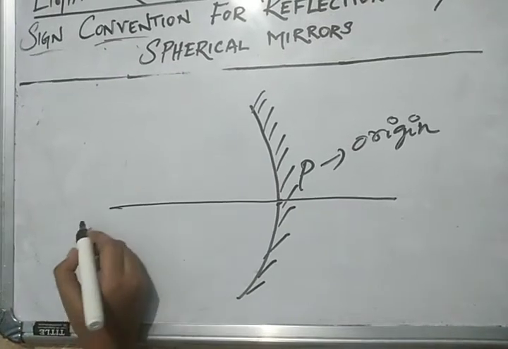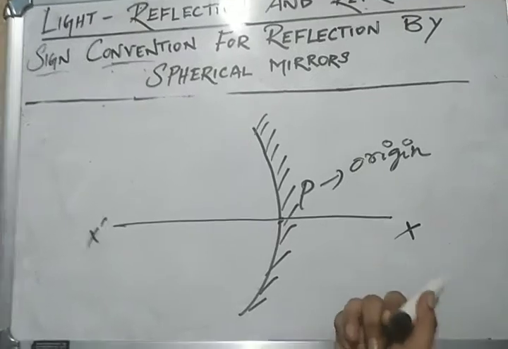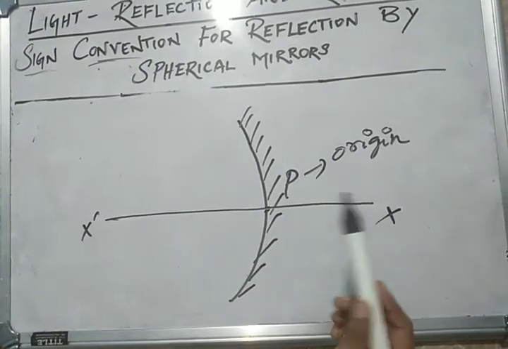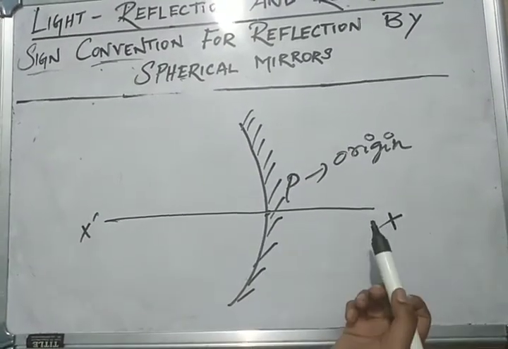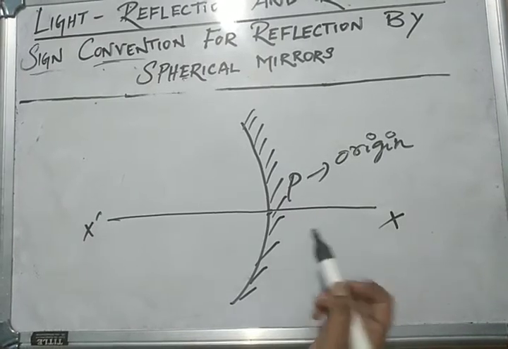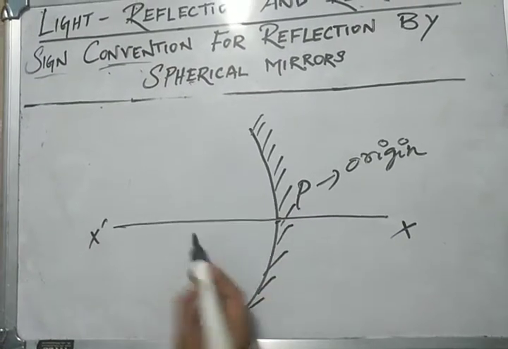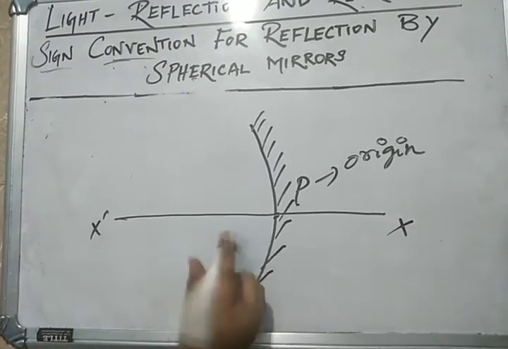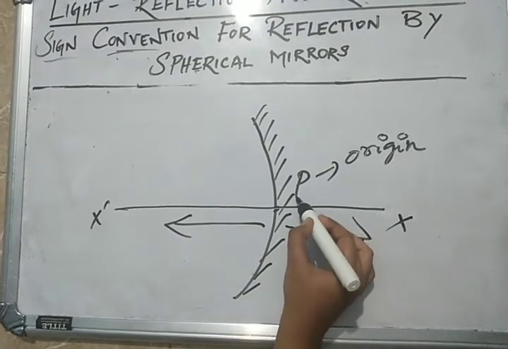Principal axis is the x dash x of the coordinate system in the spherical mirrors, in this new Cartesian sign convention related to spherical mirrors. This is the x dash x. Then next, all distances parallel to the principal axis are measured from the pole. All distances this way are measured from the pole of the mirror, that means the origin.